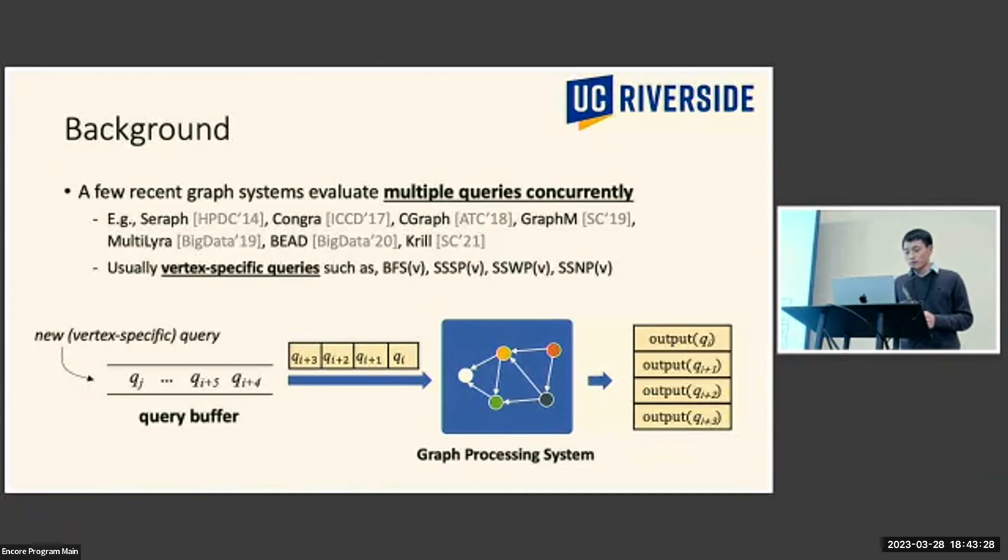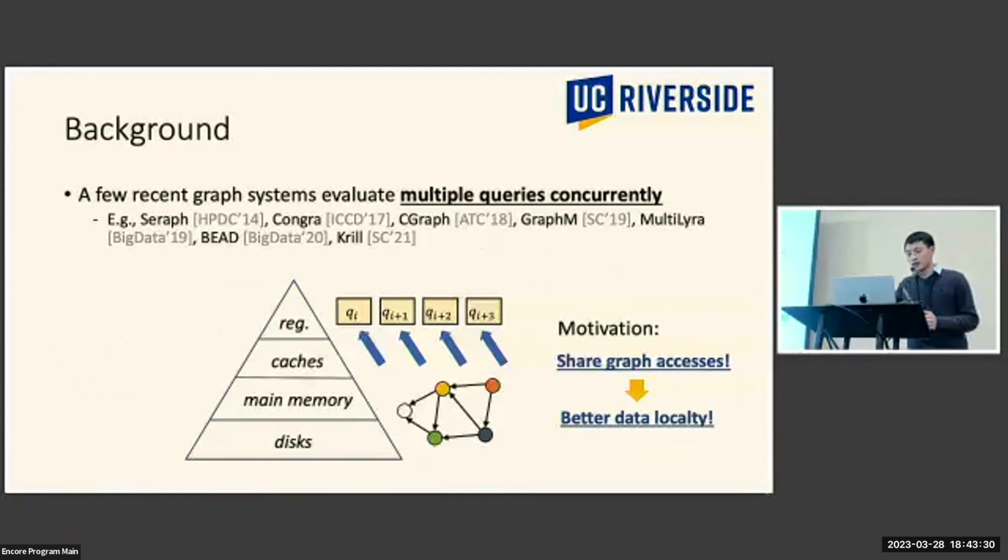The intuition behind this design is that these different queries need to access the same underlying graph, so evaluating them together can help us to share these graph accesses. For example, the edges loaded by one query may be also accessed by another query. So overall, the data locality can be improved.